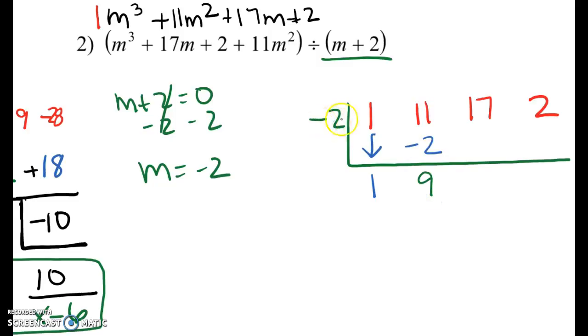Now I'm going to multiply. Negative 2 times 9 is going to give me a negative 18. And if I add those, I'm going to get a negative 1. Multiplying those, I have negative 2 times negative 1. That gives me a positive 2. And when I add those, I get my remainder, 4.